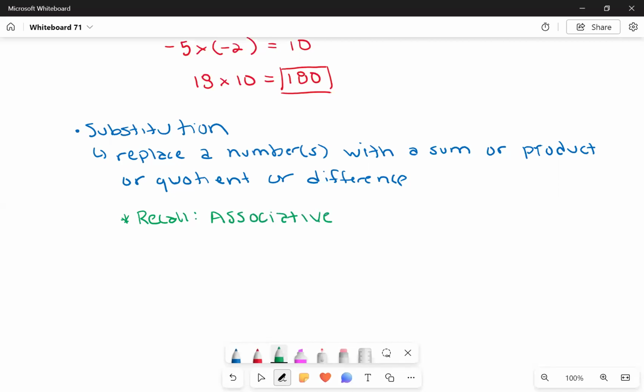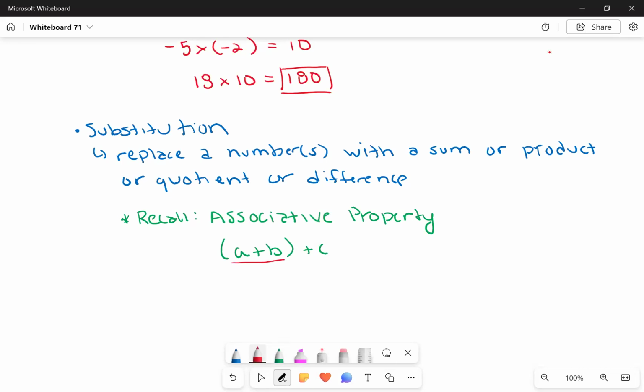The associative property says that we can change the priority of the math. So normally, when you are looking at something with parentheses, you should start with what's in the parentheses.